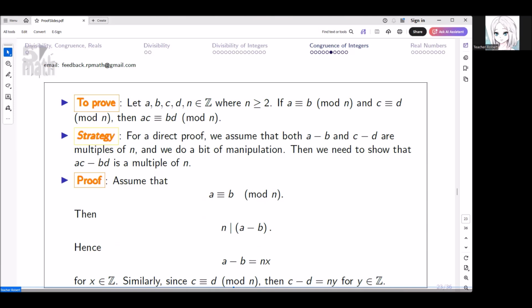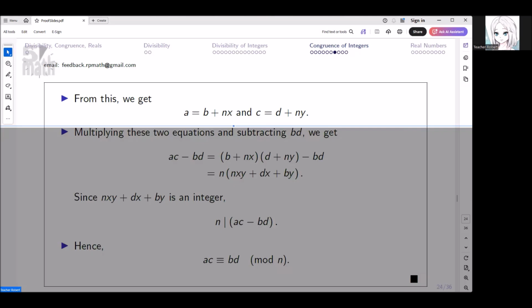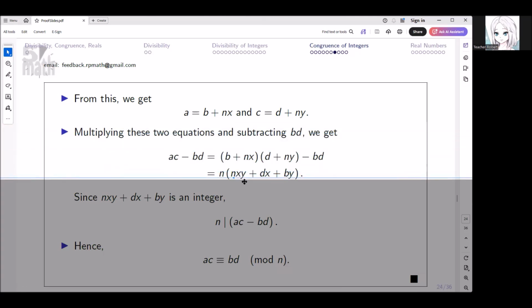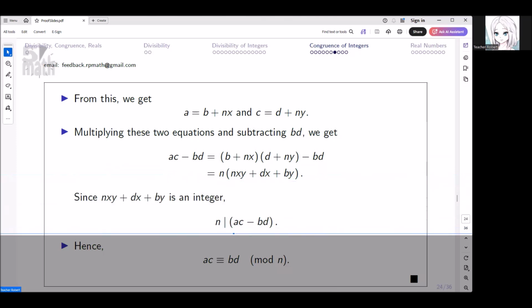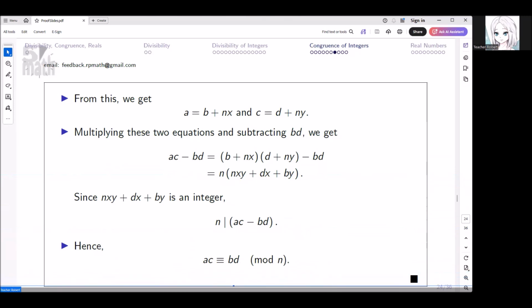Hence, a minus b equals nx for x an element of the integers. Similarly, since c is congruent to d mod n, then c minus d equals ny for y an element of the integers. From this, we get the following. Multiplying these two equations and subtracting bd, we get the following. Since nxy plus dx plus by is an integer, n divides ac minus bd. Hence, ac is congruent to bd mod n.